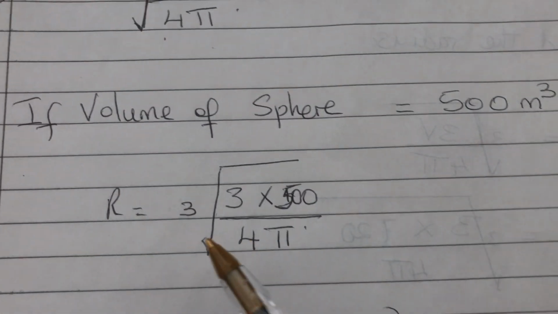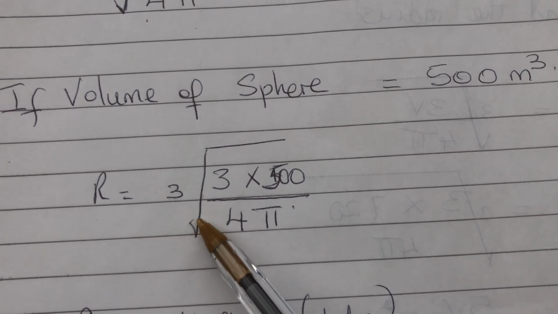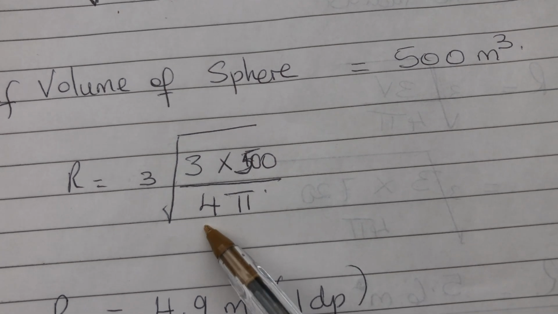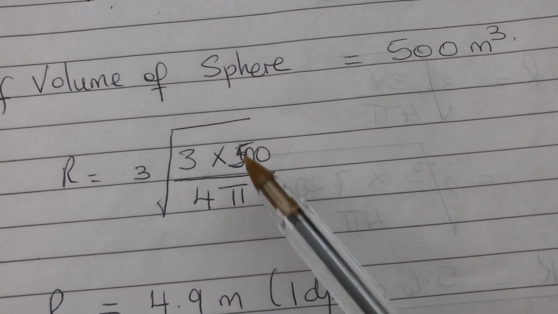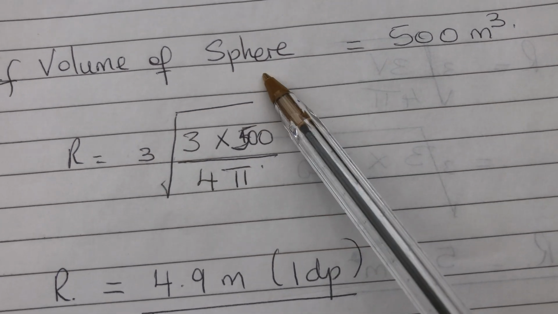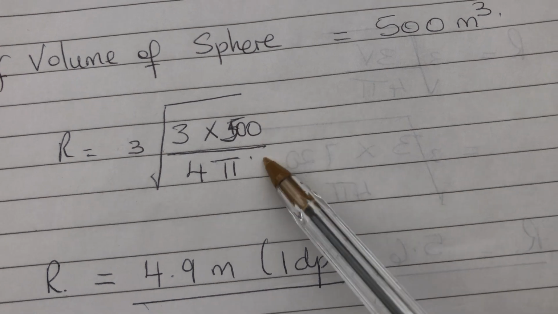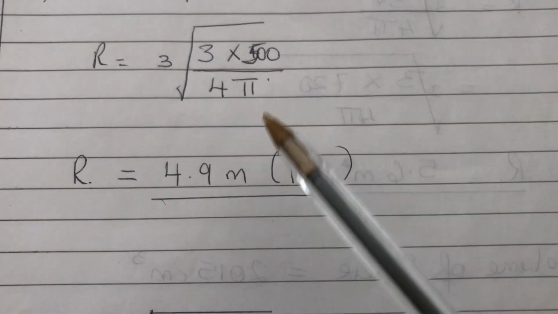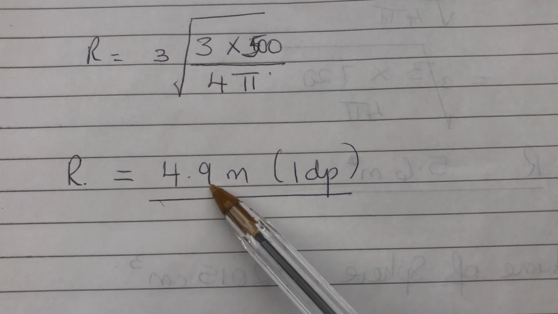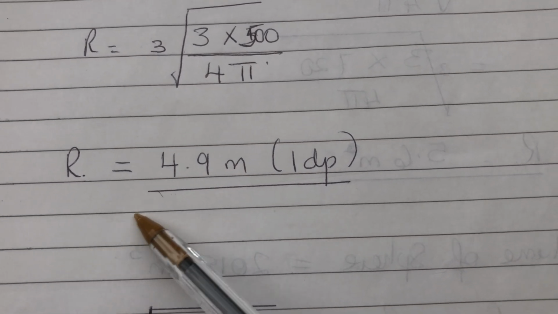Okay, so r now will be equal to 3 times the volume divided by 4 pi, and whatever you get, you cube root it. Okay, go for the cube root, not for the square root on the calculator. So to 1 decimal place is 4.9 meters. That would be our radius.